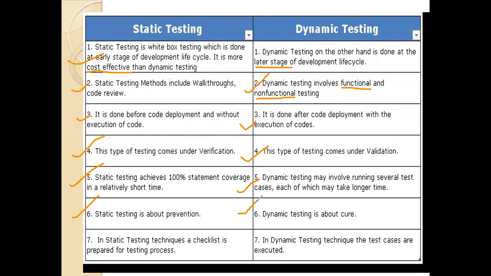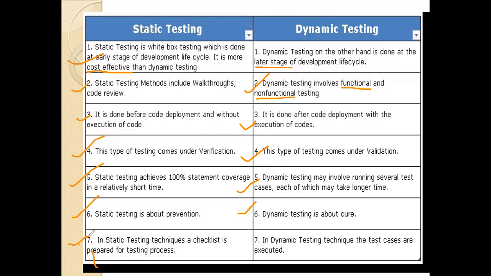So that is nothing but the cure. Prevention, you are already taking care of it, that is for avoiding the problems coming in the product. Then next, in static testing, a checklist is prepared for the testing process. Checklist means you are going to check whether these things are carried out properly or not.